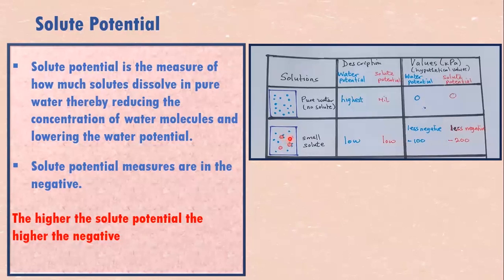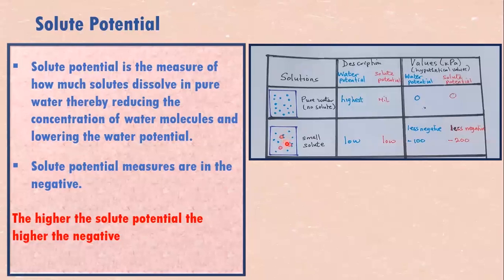In the process, the concentration of water decreases. So in this process, the solutes dissolve in the water, and so the water potential reduces.